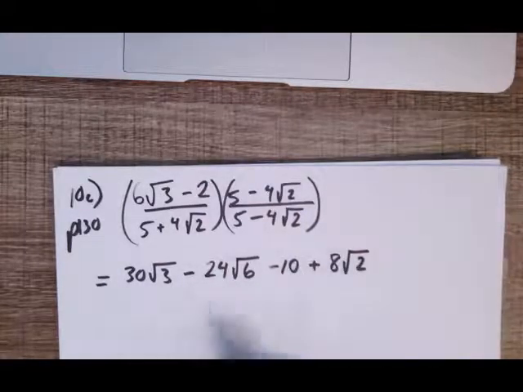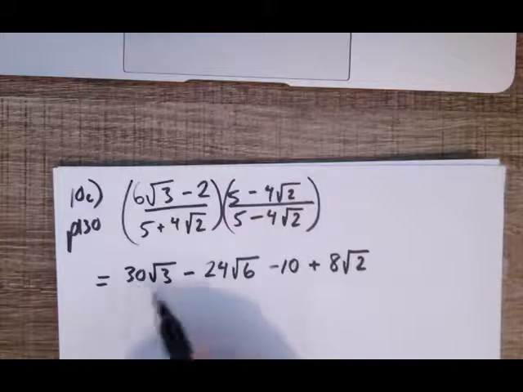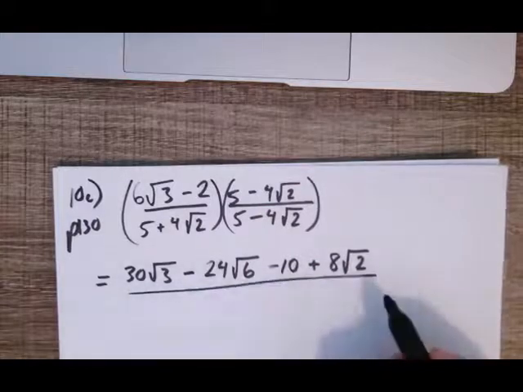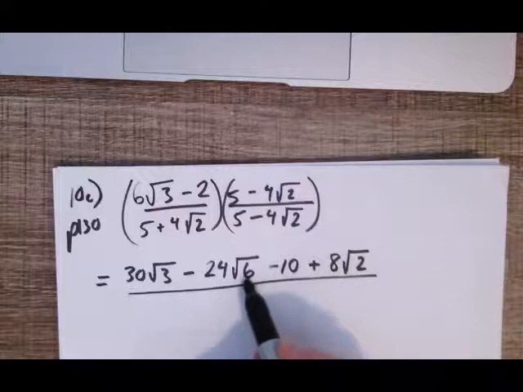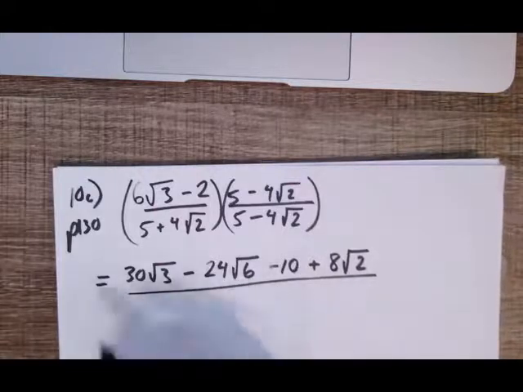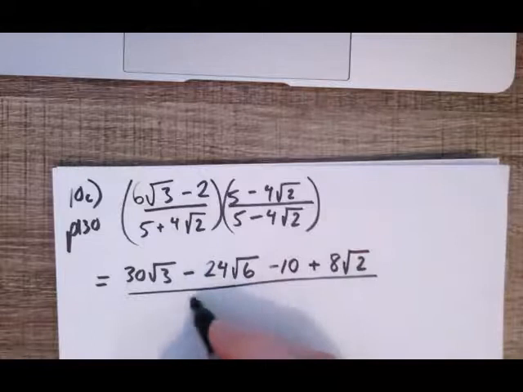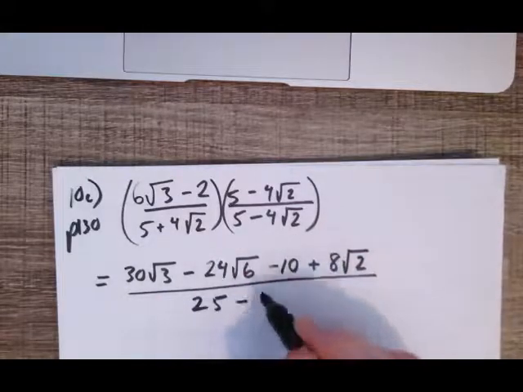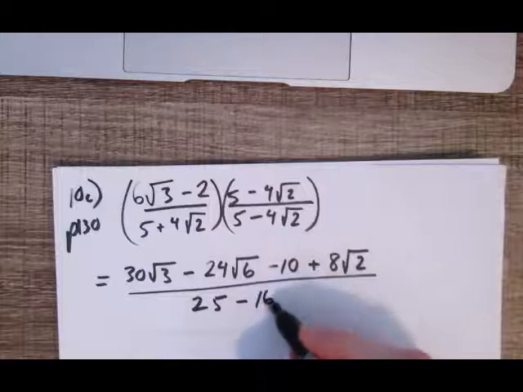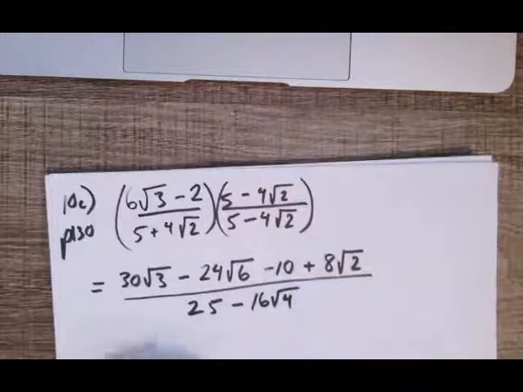The best that we can hope for is an even number on the bottom to do some canceling. Because it's a root 2, so no root. Root 6 and root 3. All right, so 5 times 5 is 25. And 4 root 2 times 4 root 2 is 16 root 4.